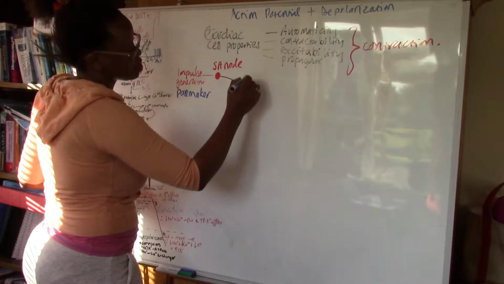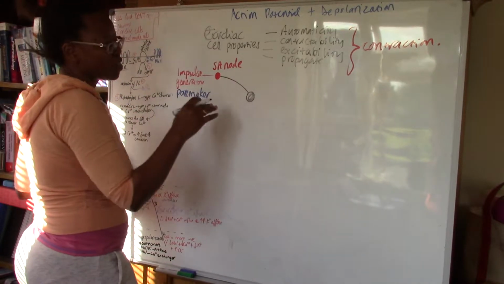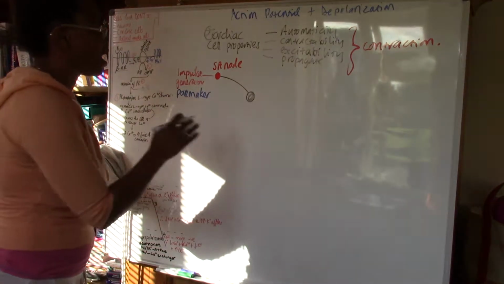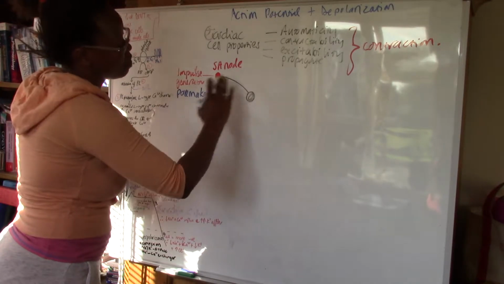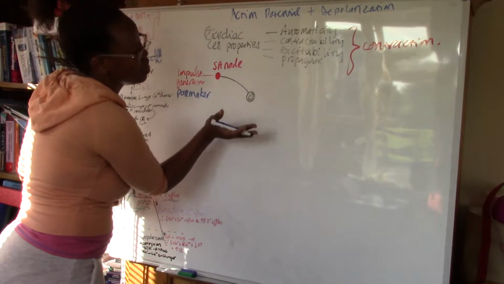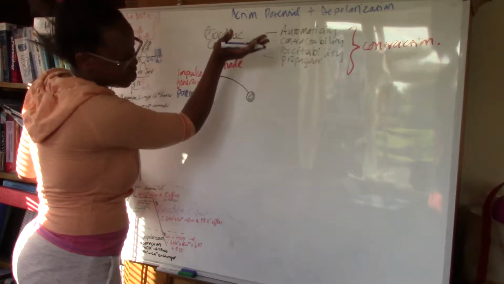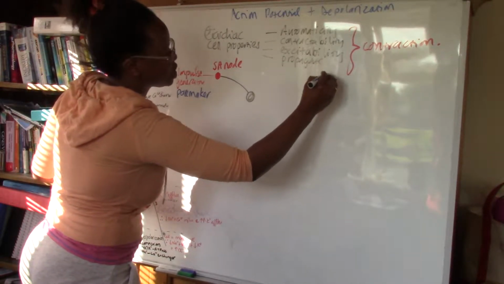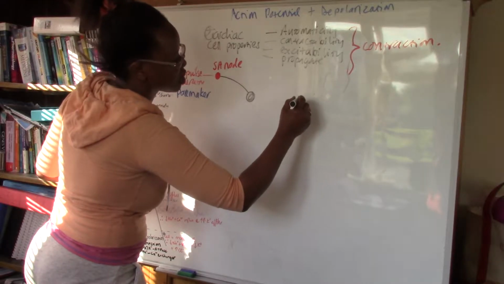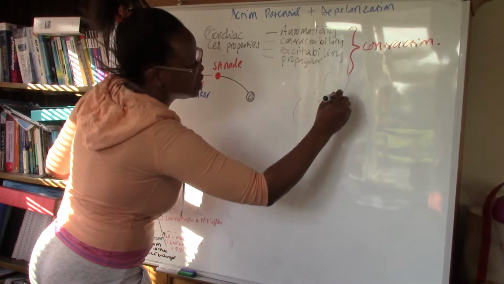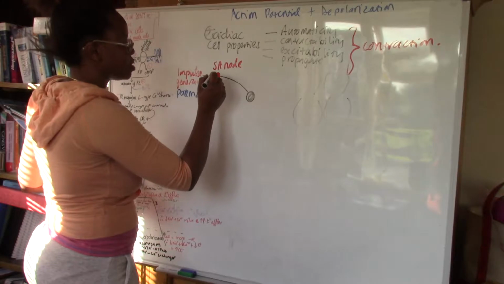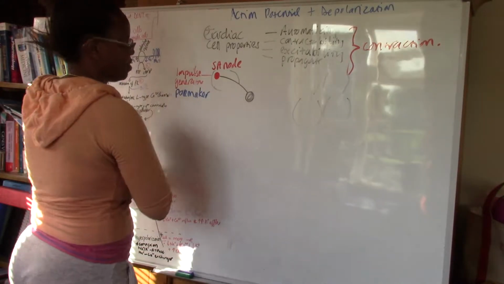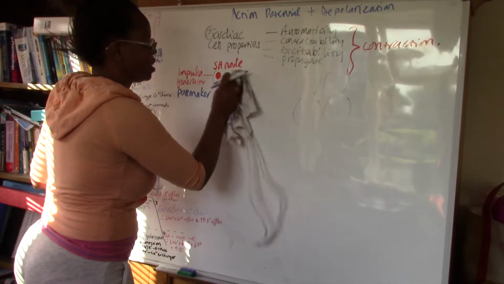The AV node is called the atrioventricular node, meaning that it lies between both atria and the ventricles. If we're to think of the chambers, I should have really drawn it like this to make my life easier.